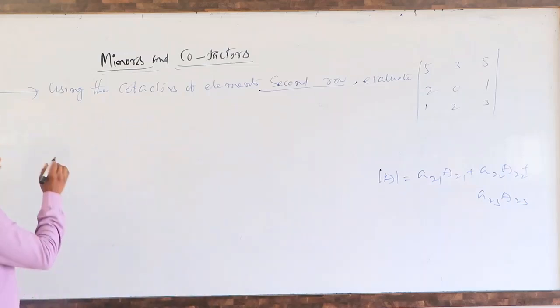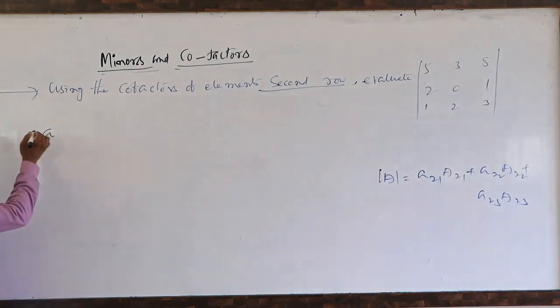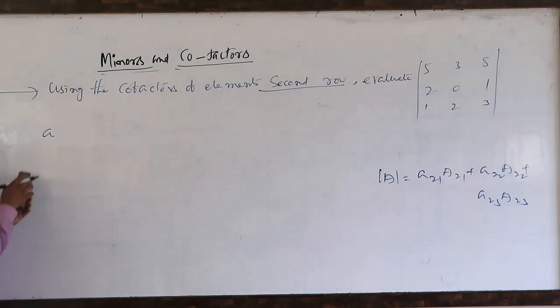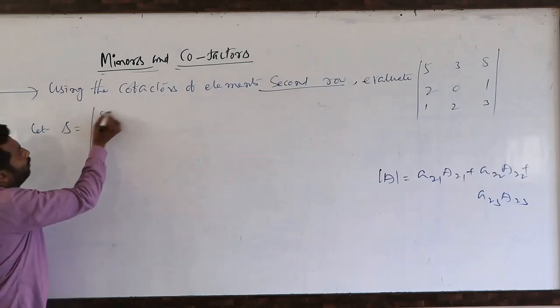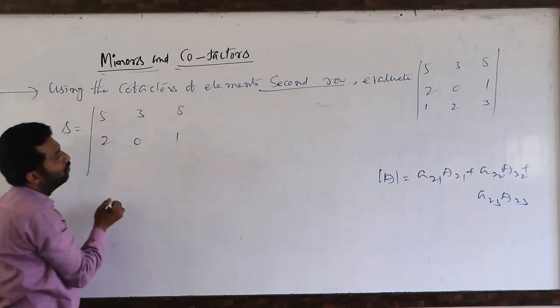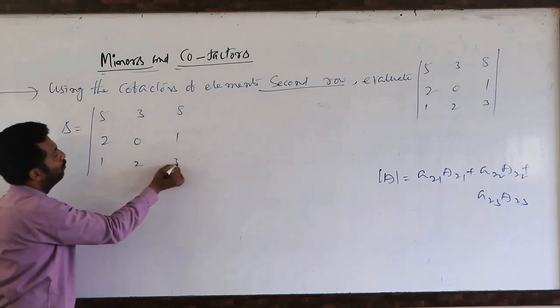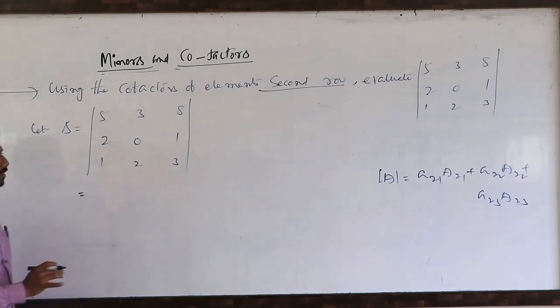So indirectly, what do we have to calculate? That value. Let delta equal the determinant 5, 3, 8, 2, 0, 1, 1, 2, 3. Now how do we expand this determinant along the second row?